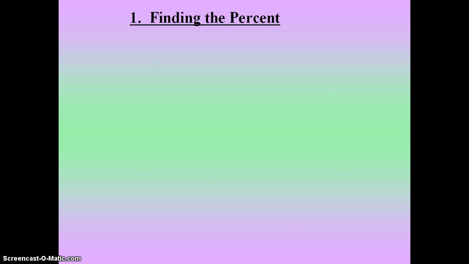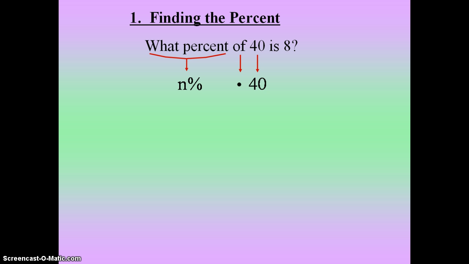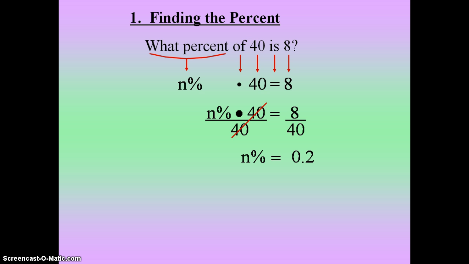Now I'm going to first look at number 1 and solve that. The percent, n percent of 40, multiply 40, is our equal sign, 8. To find n percent, I'm going to take the 40 and move it over and divide it with 8. If I were to simplify that fraction, I could get 1/5.